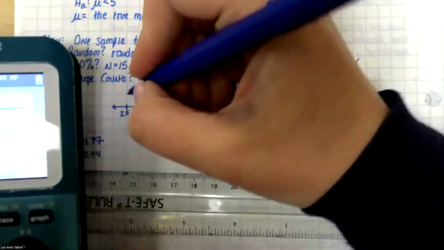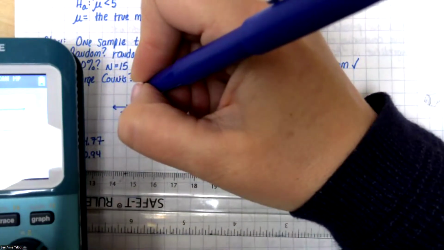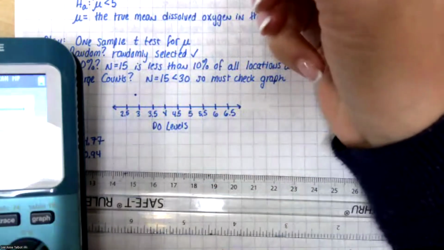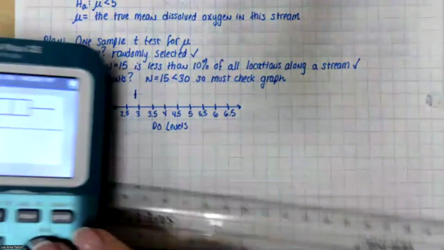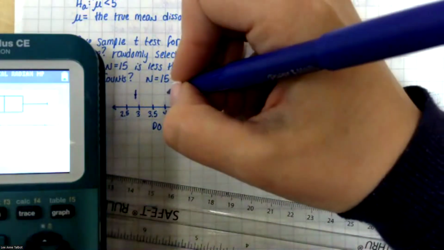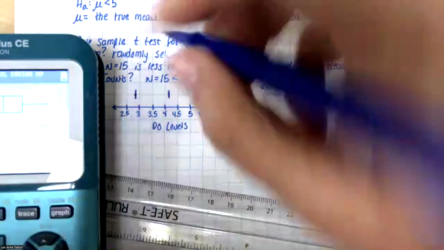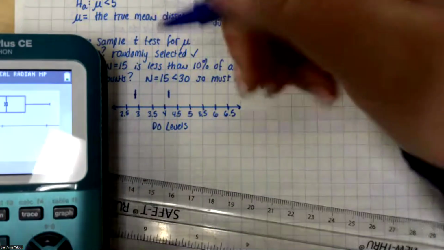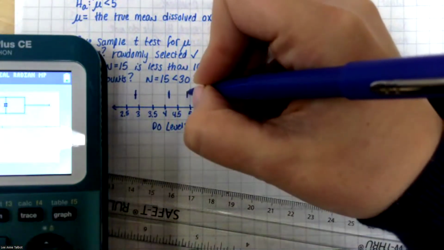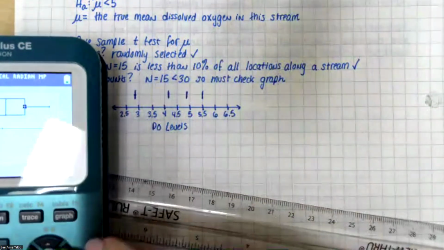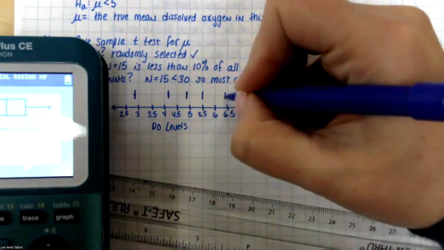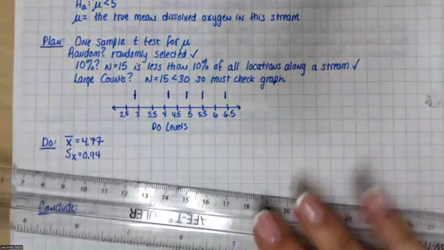All right, so now I'm going to use the trace feature. So I have 2.87, 4.13, 4.83, 5.5, 6.38.